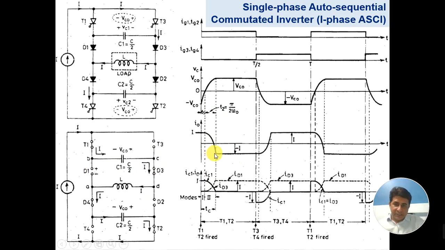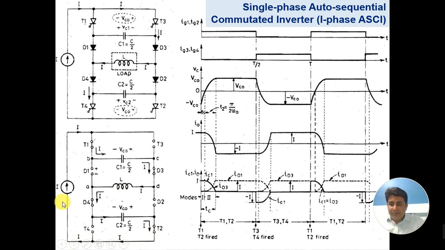Now this is how it goes, and then the current continues through iD1, and at this time the load current is also reversed. Earlier it was flowing through D3 and then the load, so the ultimate current which gets established is through T1, D1, then the load, then T2, D2 and T2.